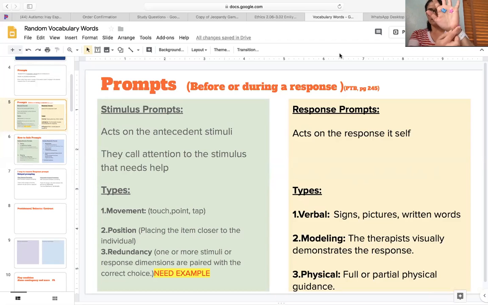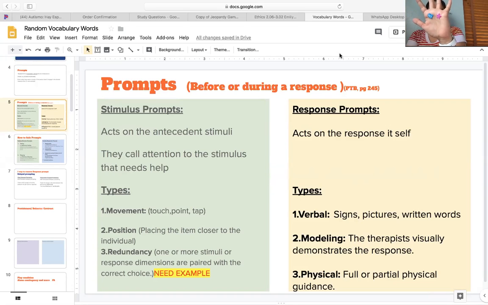Okay, so this is the client's hand, that's the thing. Okay, so I'm gonna tell you, match, the start to the start. And then the client matches. Nice. So what type of prompt is that one?